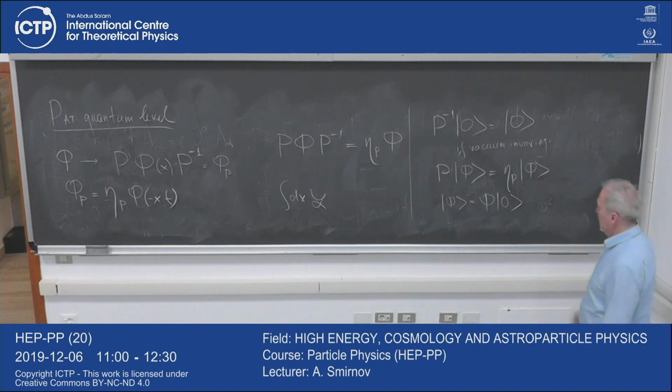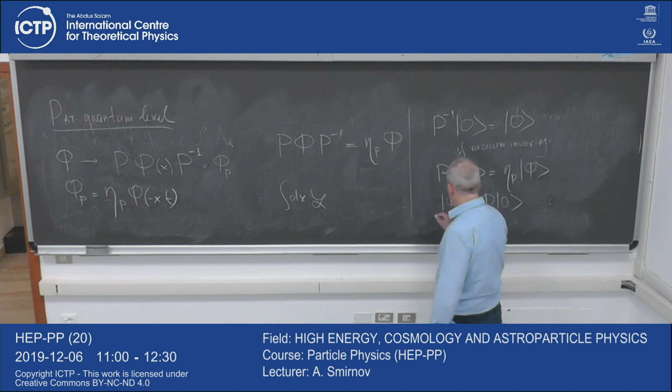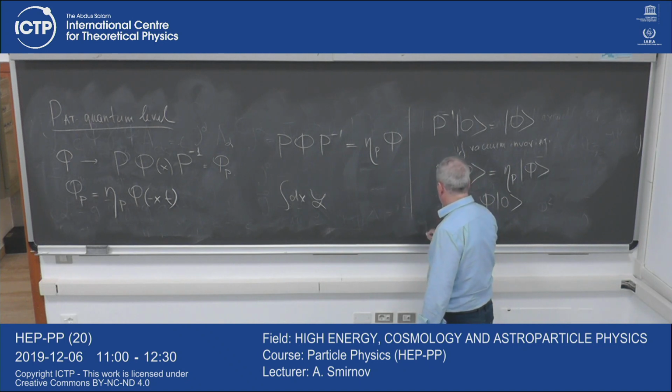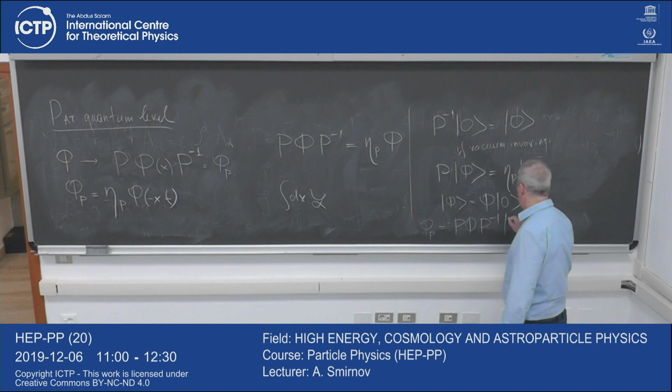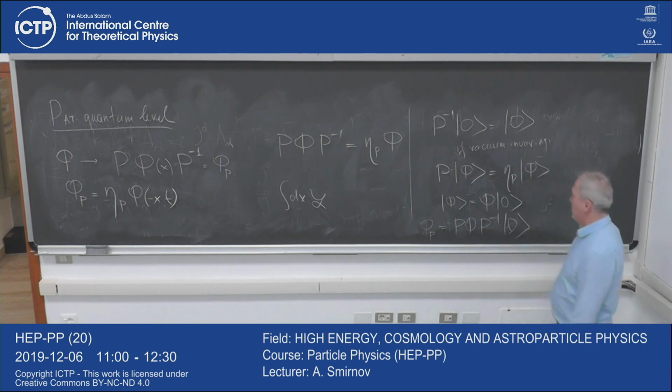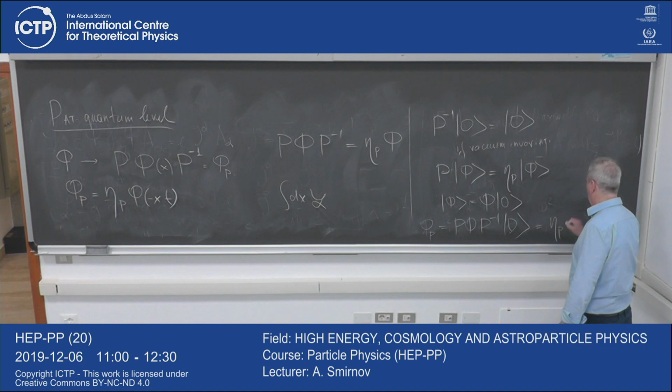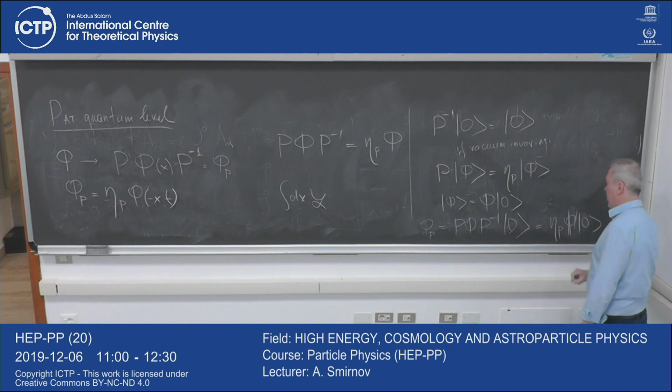Now we know how F is transformed, so that the state F_P equals P F P^-1 |0>. We know how this is transformed, and so this is given by eta_P F|0>.